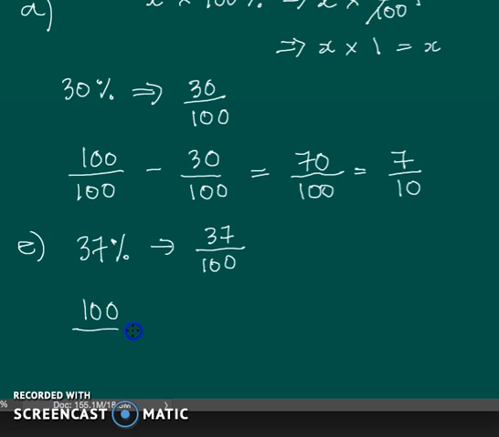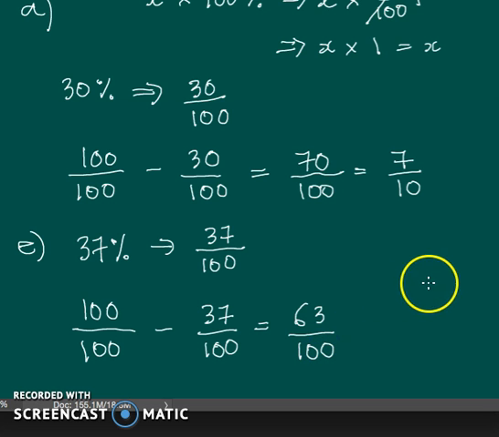So 100 over 100 minus 37 over 100 is equal to 63 over 100. And we can't simplify that any further, so that's the answer to our question. If we wanted to decrease a number by 37%, we would just go ahead and multiply by 63 over 100.